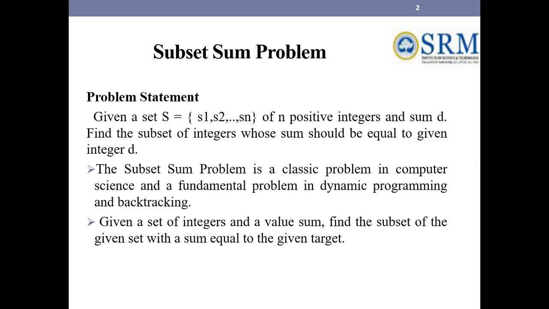So a set of values is given and a sum is given. We have to find the subset from the given set such that the sum of the elements in the subset is equal to D.